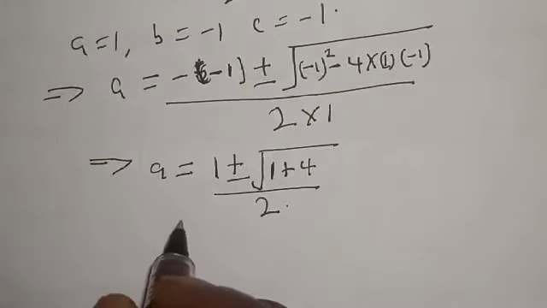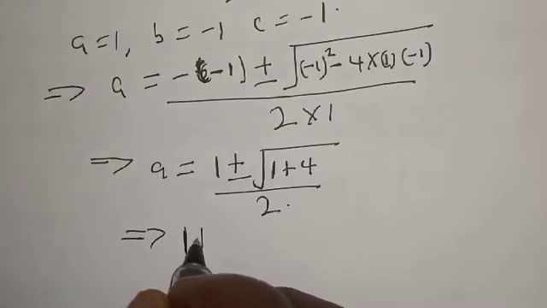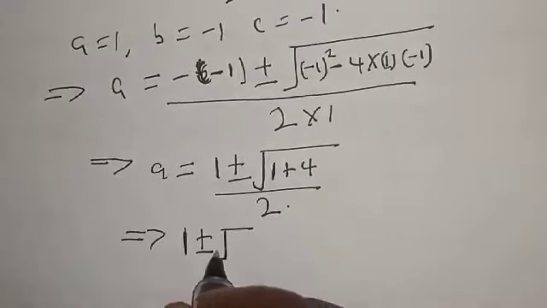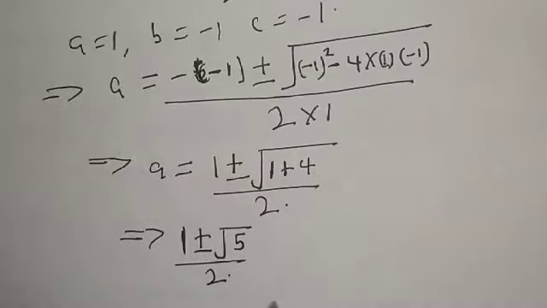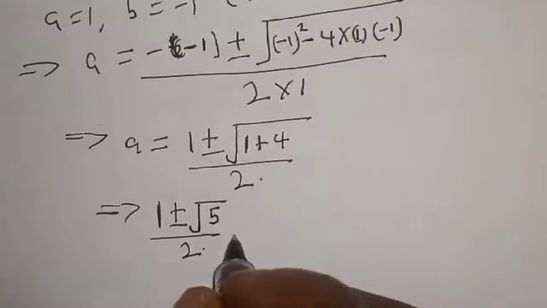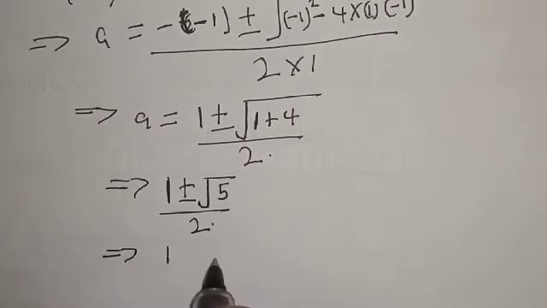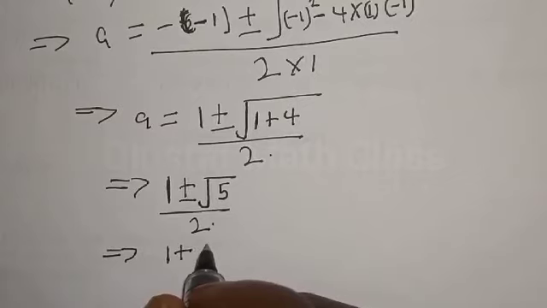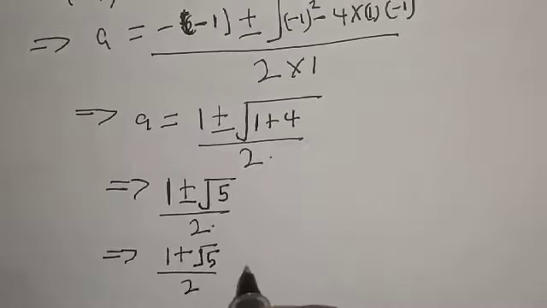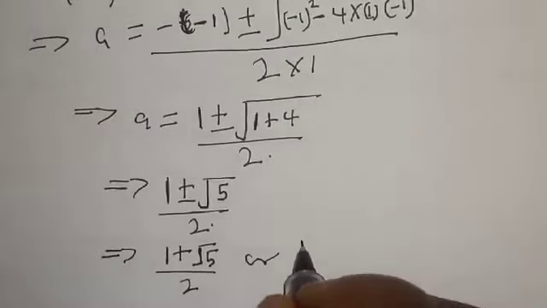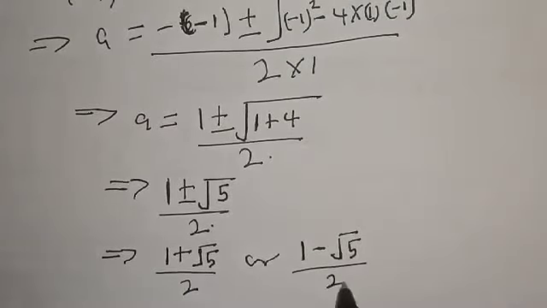Then this implies that 1 plus or minus square root of 1 plus 4, which is 5, over 2. Then therefore this implies that we have 1 plus root 5 over 2, or 1 minus root 5 over 2.